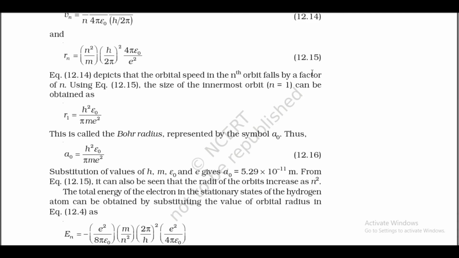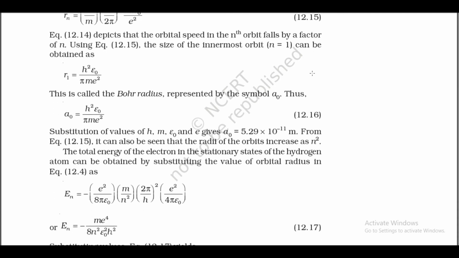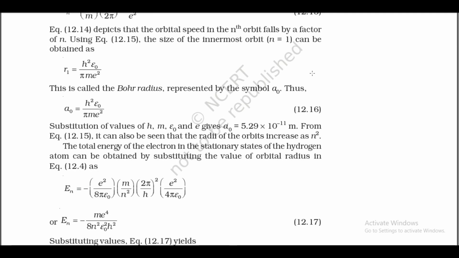Thus, a0 is equal to h squared epsilon naught by π m e squared. Substitution of values of h, m, epsilon naught and e gives a0 is equal to 5.29 into 10 to the power minus 11 m. From equation 12.15, it can also be seen that the radii of the orbits increase as n squared.